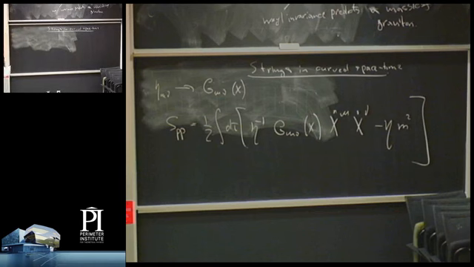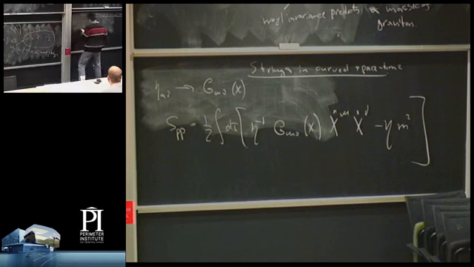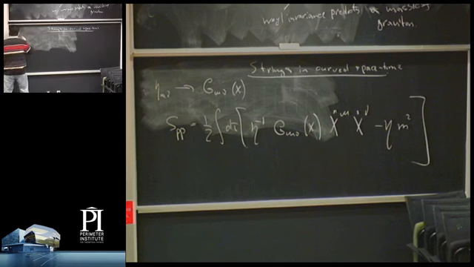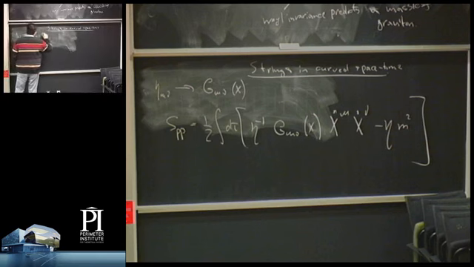The idea will be exactly the same. We will start with a point particle, and then we'll move to a string. In the case of a point particle, we have to take the Minkowski metric, eta mu nu, and replace it with a general metric, g mu nu as a function of x, in space-time.